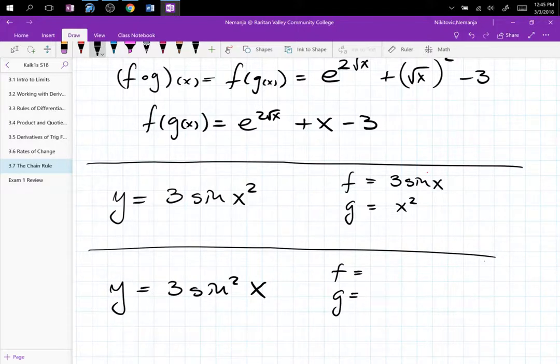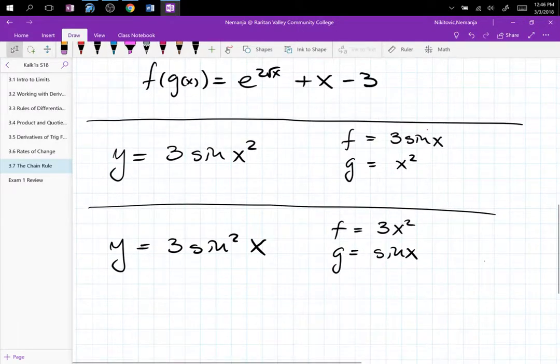Is it f is 3 sine squared x and g is x? Nope. Yes? Is it f is 3x squared and g is sine x? Yes! 3x squared, sine x.